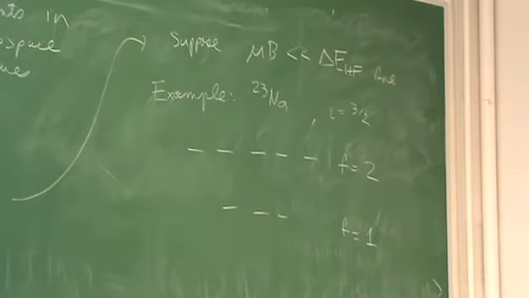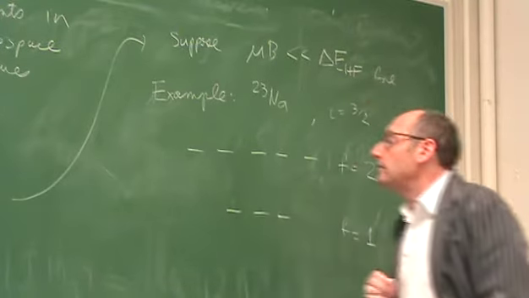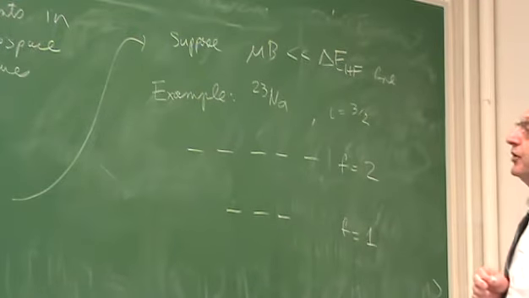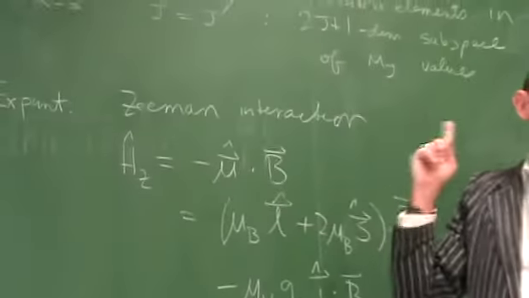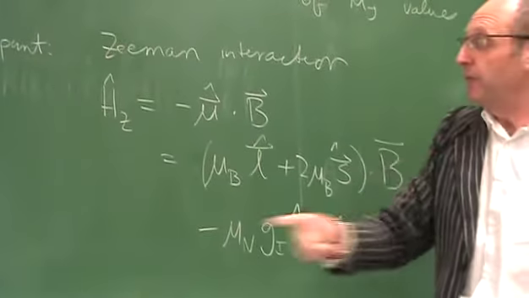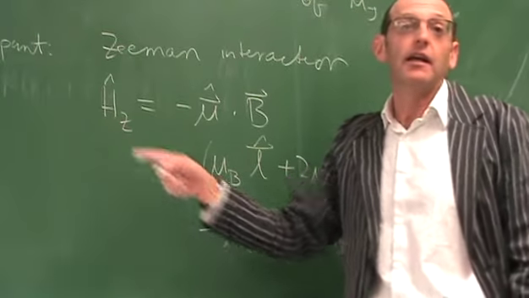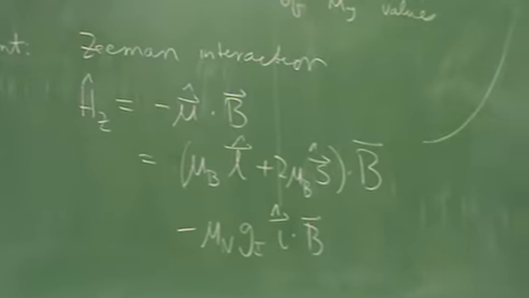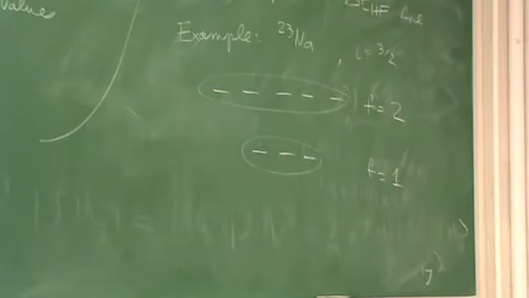Remember that? Now we put on this magnetic field. Well, we need to diagonalize this Hamiltonian, using degenerate perturbation theory, in either of these subspaces in order to get the perturbation.